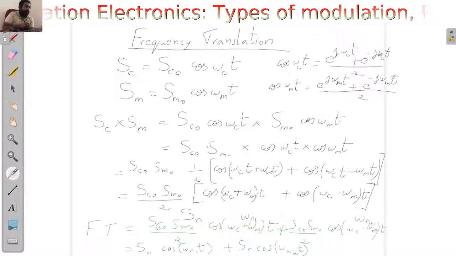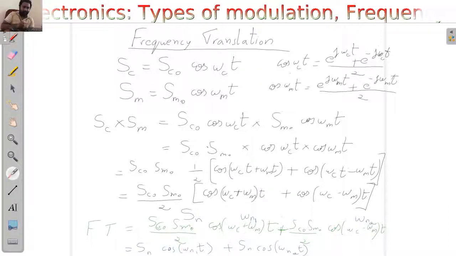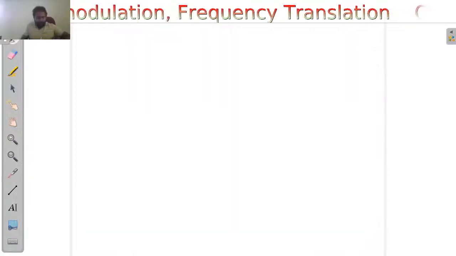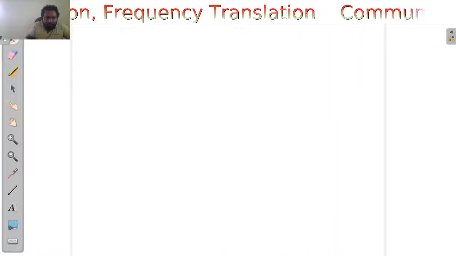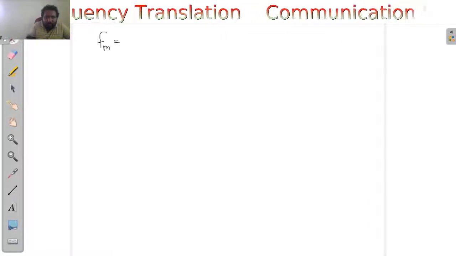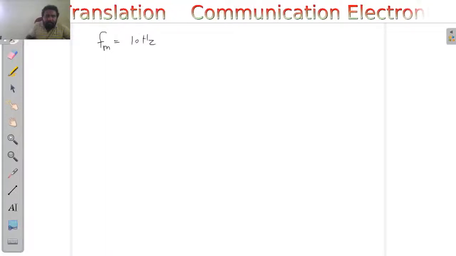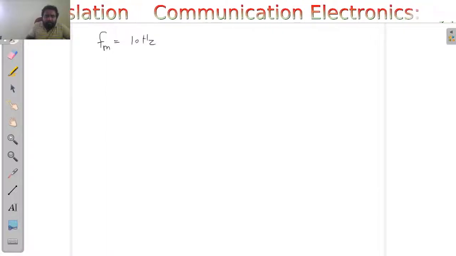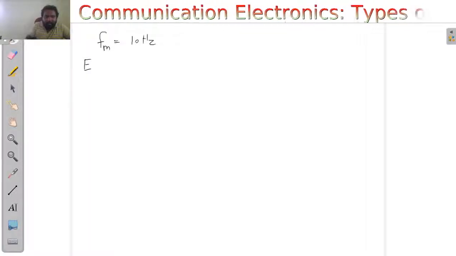Okay, and now let's see what are the frequencies that are residing in these waves. Let's consider two frequencies. One frequency I would write as our message signal, which is equal to say 10 hertz. That's my message signal, and I need to calculate what is the energy residing inside this message signal.